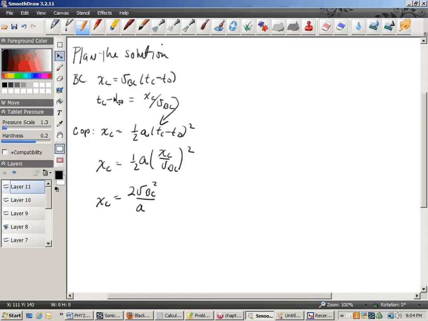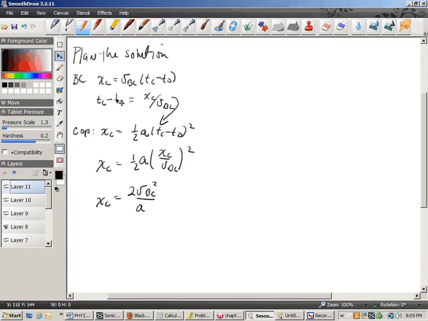Doing that, I'm going to solve for tc minus t0. Then I also know that the cop in time tc minus t0 also goes xc, according to 1/2 a times the change in time squared.